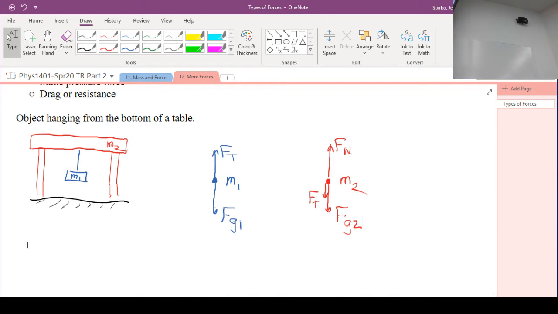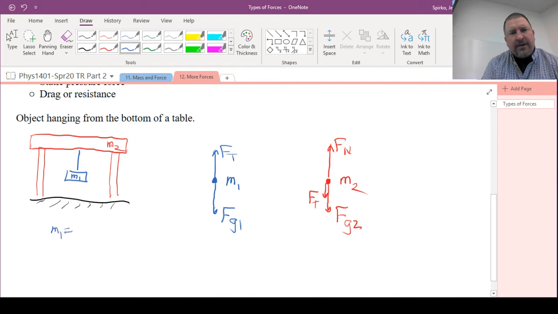So M1 is affected by a tension force pulling it upward. It's returning that force to M2 as the exact same magnitude, but in the opposite direction. So Newton's third law is already built into our analysis. And now all we have to do is maybe we'll get some numbers here.